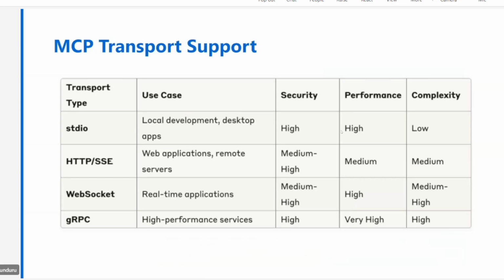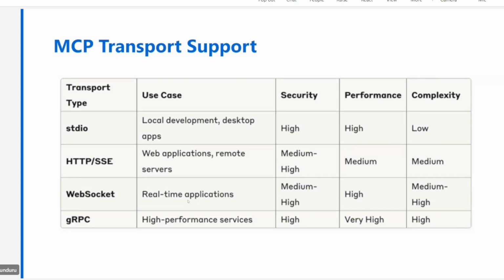MCP transport supports various kinds of protocols. In case you are running the MCP server in a local development environment, you will use STDIO. For web applications and remote servers, HTTP or SSE, like HTTPS.